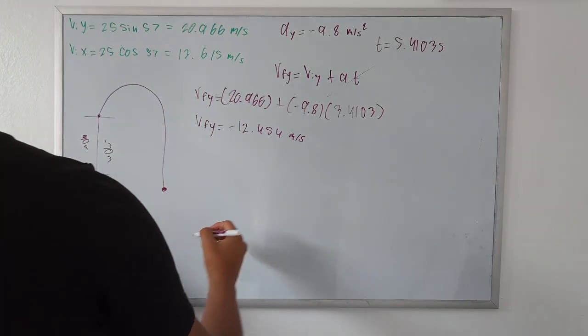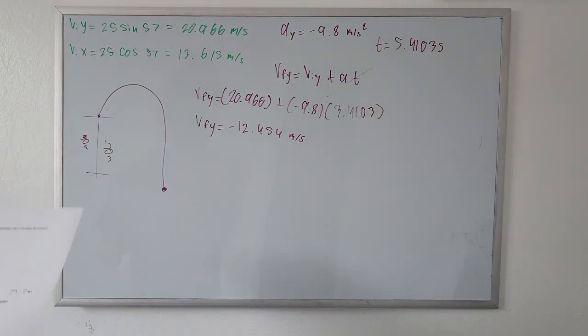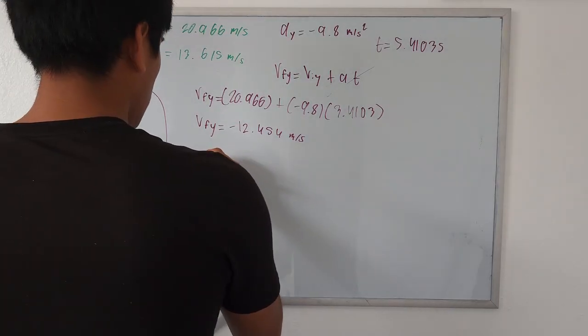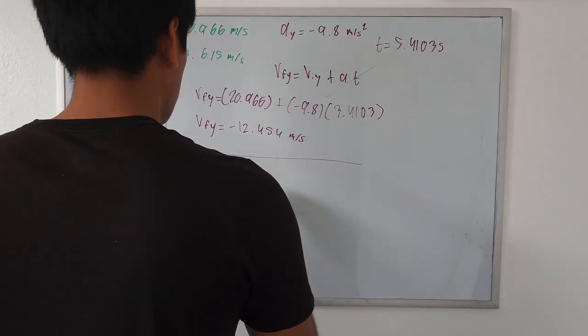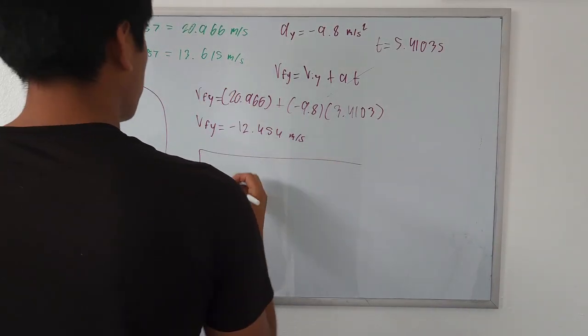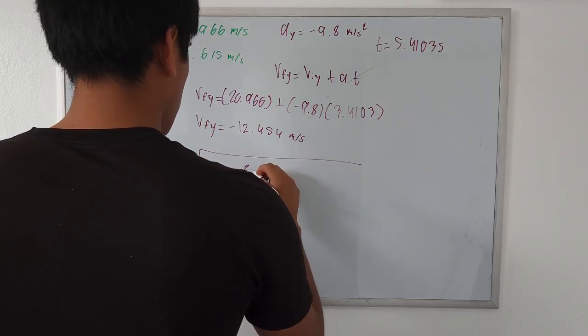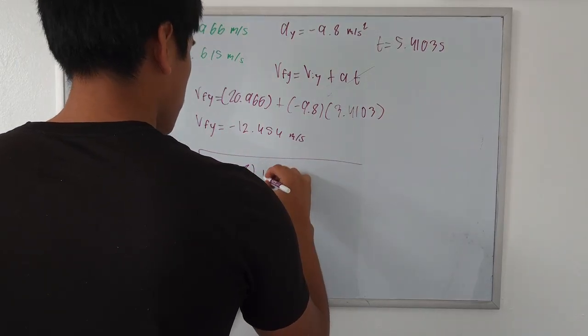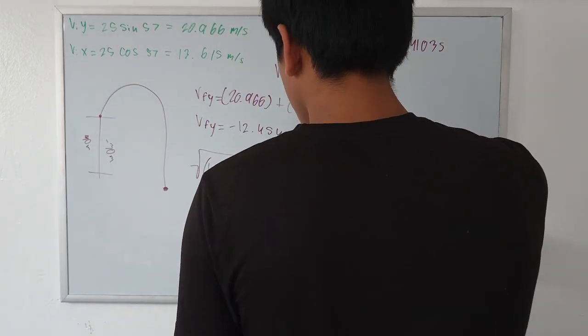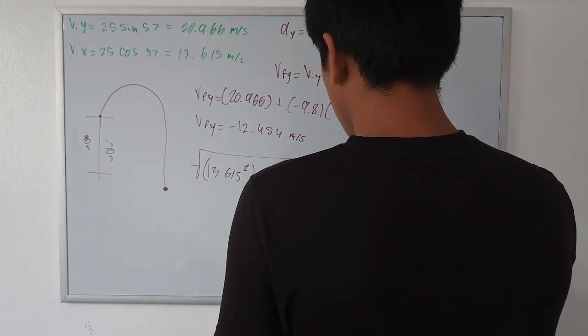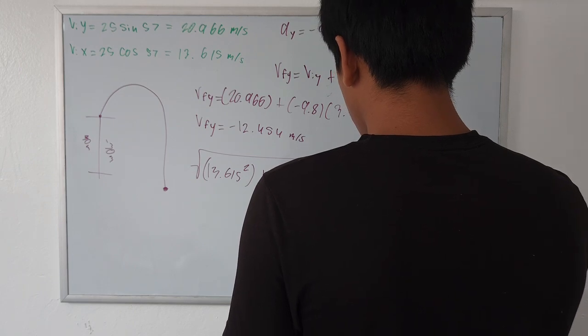But it's asking for the magnitude, so to get the magnitude, we're going to use the Pythagorean theorem. We're going to do the square root of 13.6615 squared plus negative 12.454 squared.